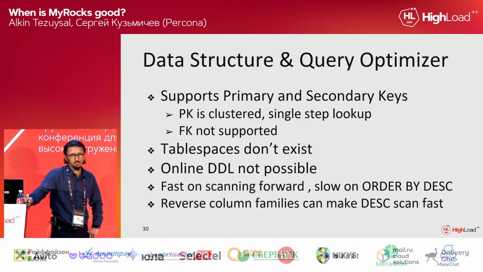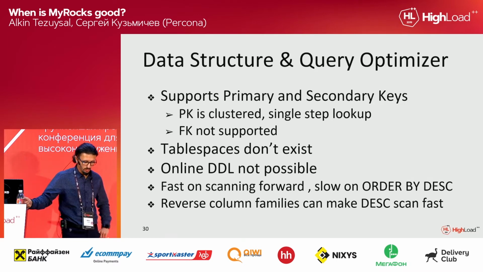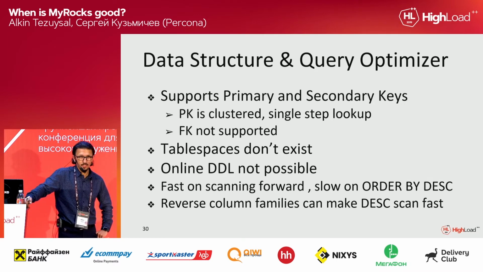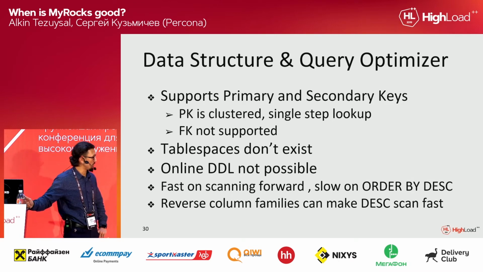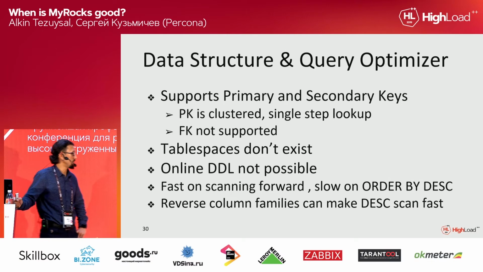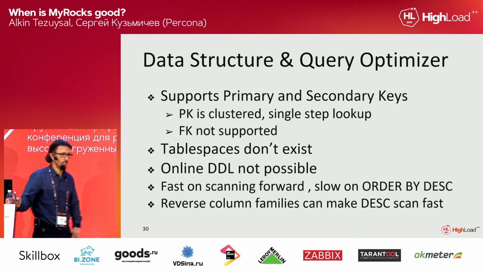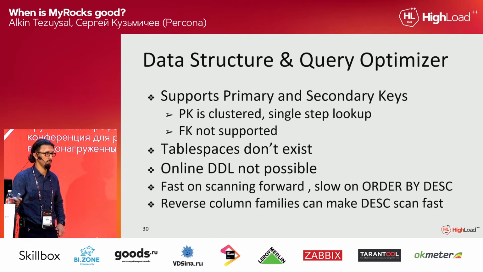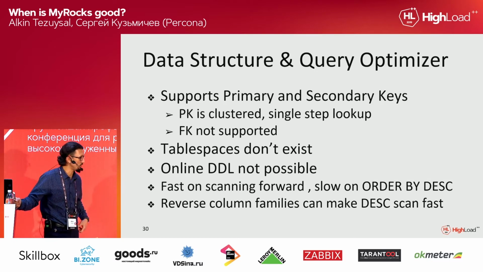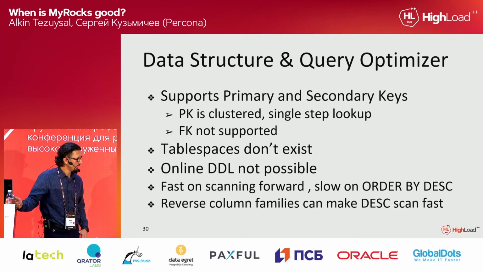There is no tablespaces concept, but there are column families. So there's that. Online DDL is not supported. I will show you some examples of the tooling for how you can do online DDL. It's not the same as InnoDB, where we could do it. There is a lot of support in MySQL 8 for online DDL, and you can add indexes and so on, but this is not possible.